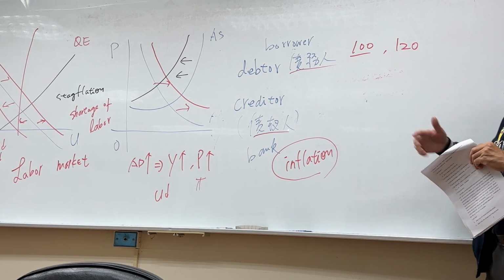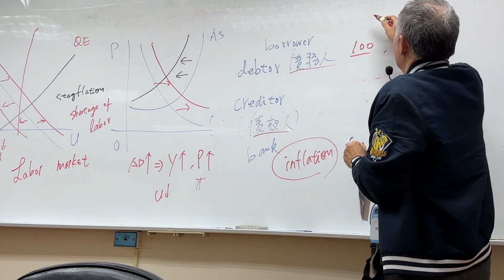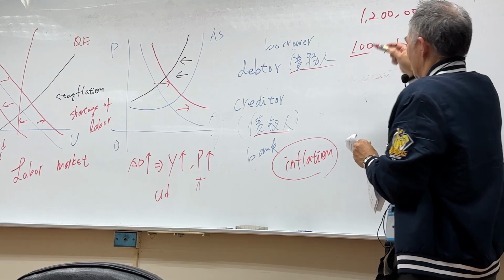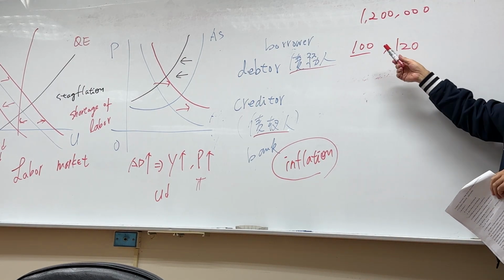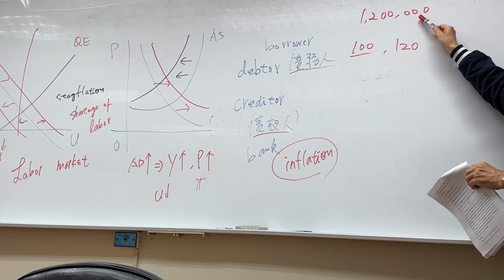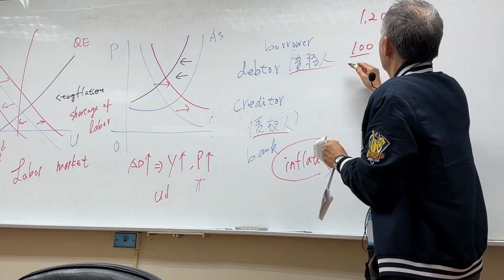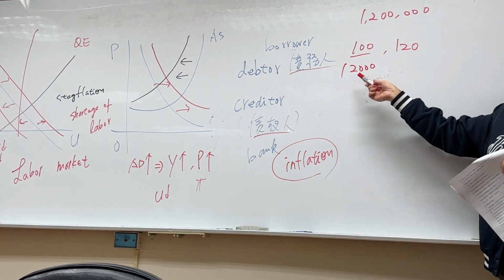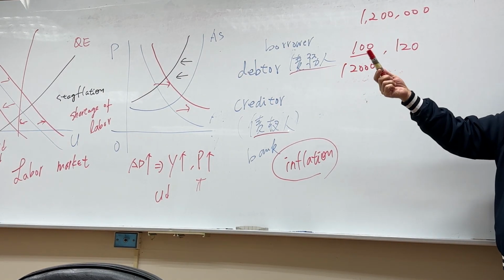So let us say, this is the money you owe, okay? Before the price increase, before the inflation, you have to produce 12,000 lunch boxes to pay back your loan.